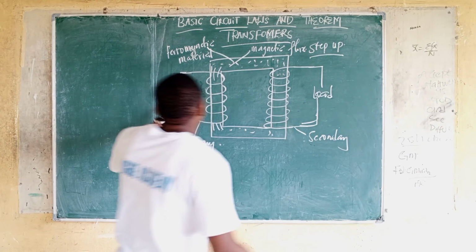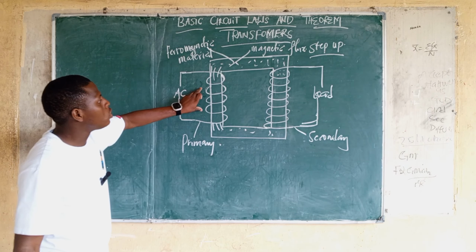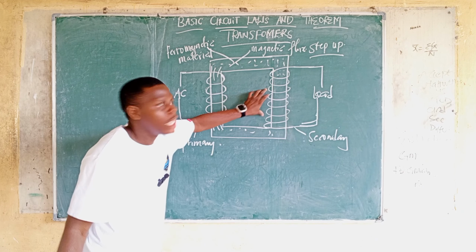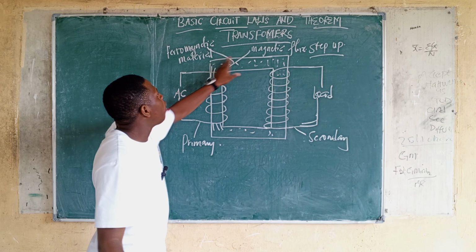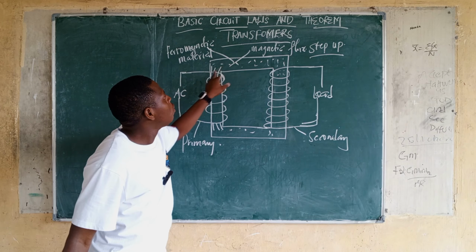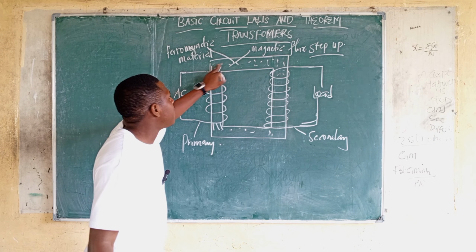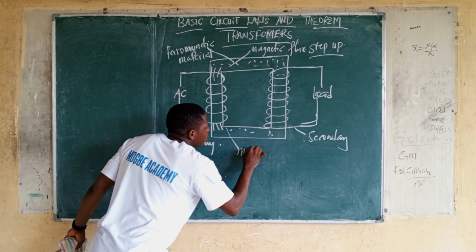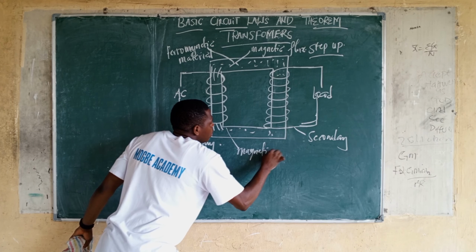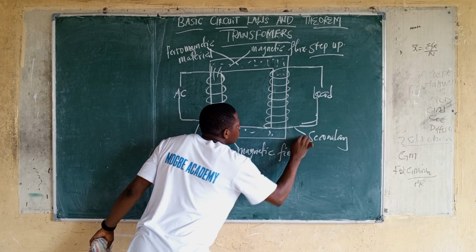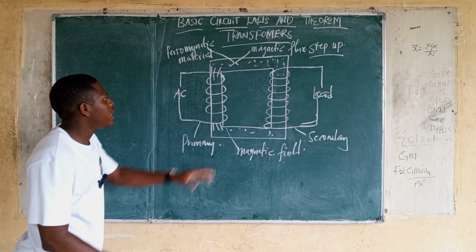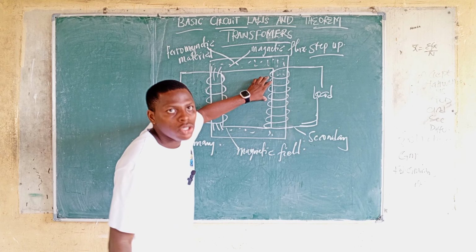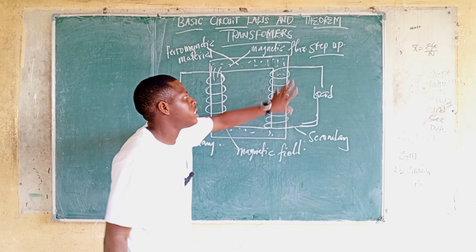So in essence, current passes through your primary, voltage is being induced in your secondary, and what flows through your ferromagnetic material is your magnetic field. So your magnetic field is being generated in your primary, and your secondary voltage is being induced in this secondary.